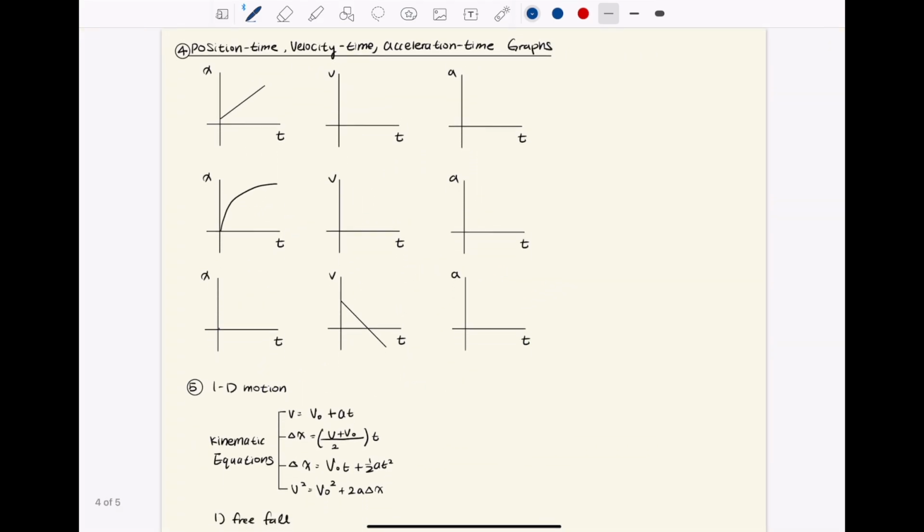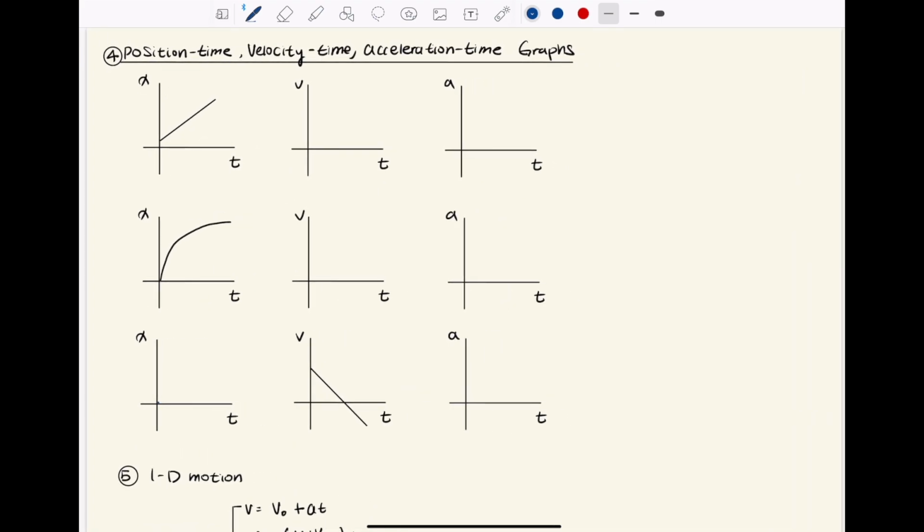Next, we're going to move on to the position time graph, velocity time graph, and acceleration time graphs. So these three graphs are interchangeable. We can go from one graph to another easily when we think of the notion that velocity is the slope of the position time graph and the acceleration time graph is the slope of the velocity time graph, essentially.